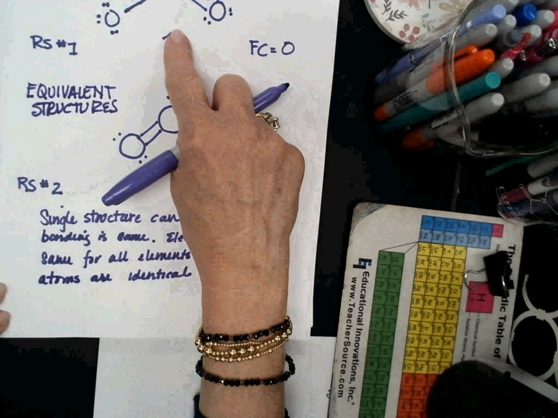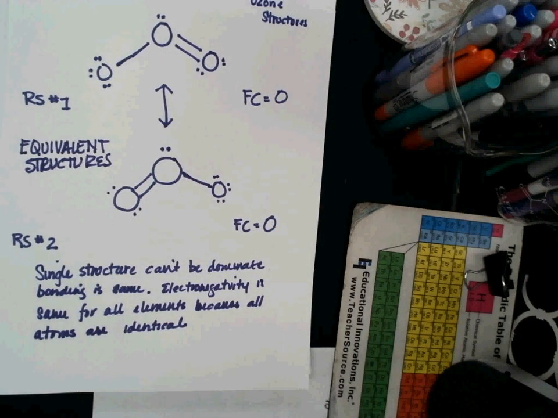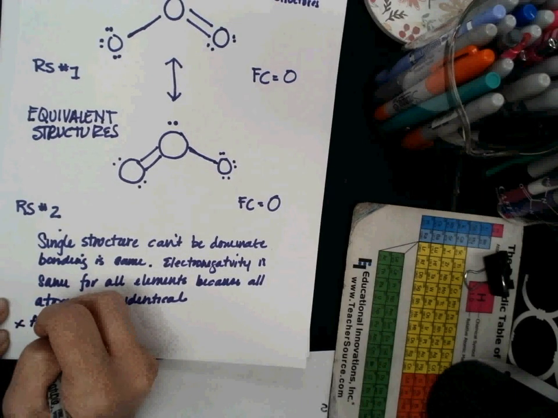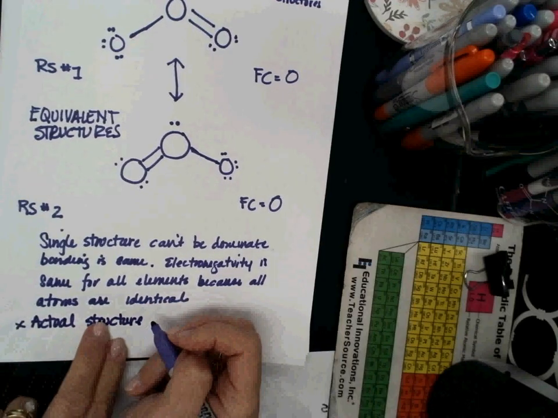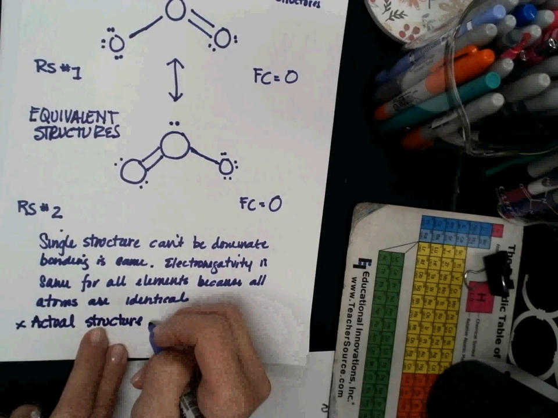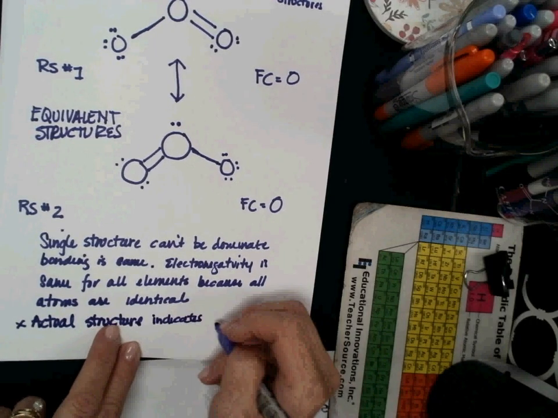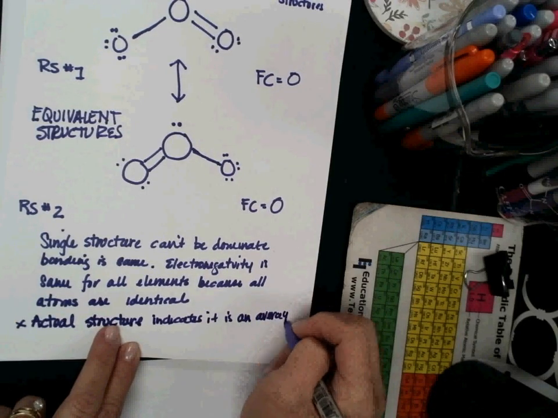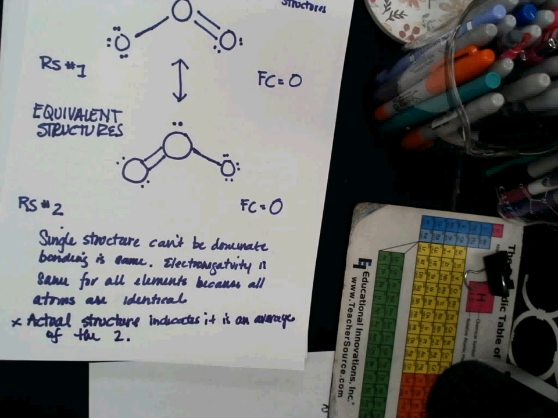When we have no dominant structure, you see what I did in the middle of mine, how I made this arrow going both directions? That's telling me that we have a possibility of either structure. And what actually occurs, I would say that the actual structure, because they're the same, indicates it's an average of the two.